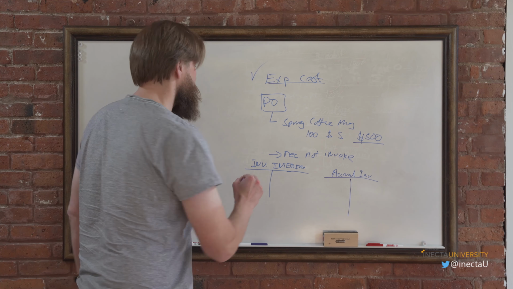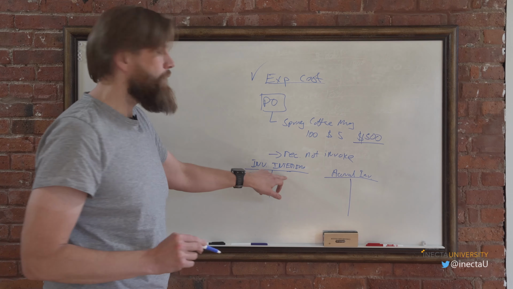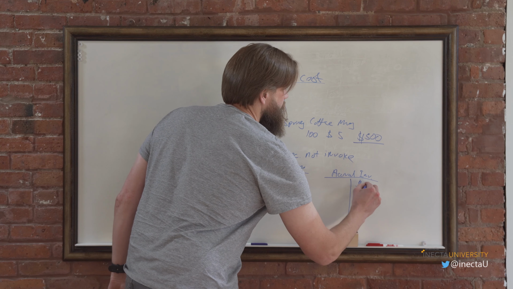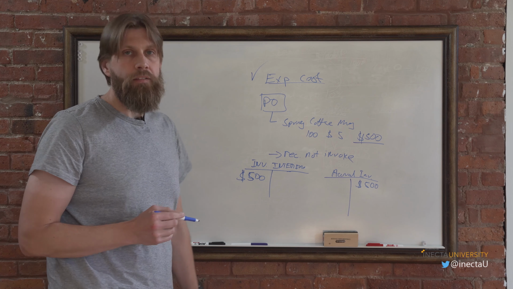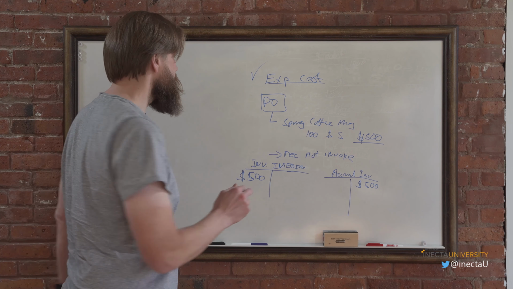So basically, there's $500 that books on the asset side for interim inventory, and then an accrual for 500 books on the liability side, right? And then when you actually invoice, these wash out.